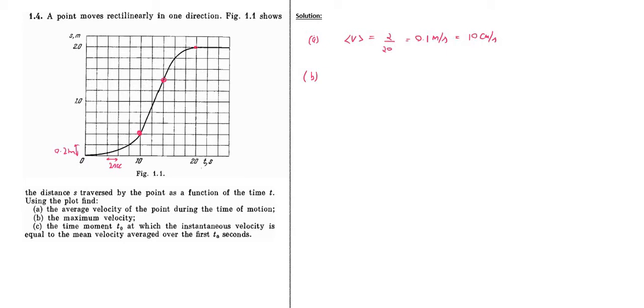Let us name these points as A and B. So we can say that the particle will move with the constant velocity, and the maximum velocity, for the time from A to B. Now let us find out what is the time and what is the distance. Here this distance is 1 meter, 1.2 meter, 1.4 meter.